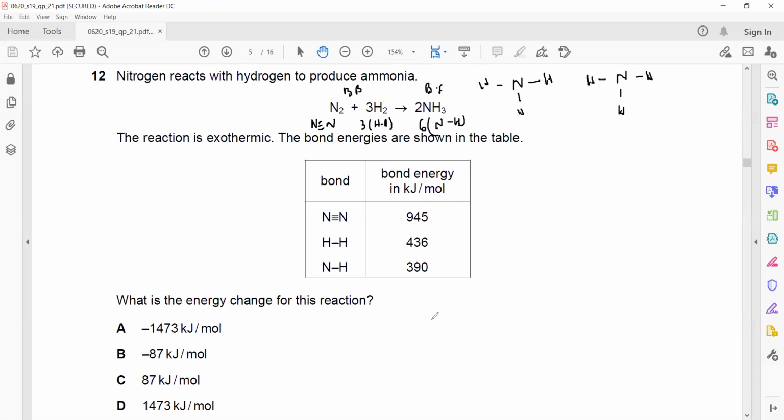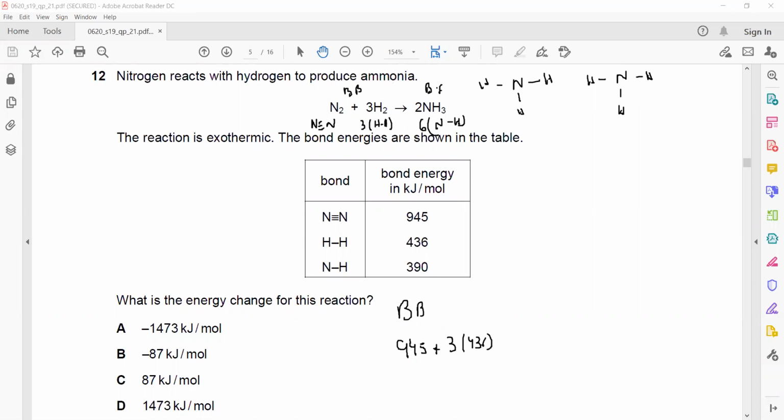Bond breaking minus bond forming is equal to the energy change. The bonds we are breaking are the nitrogen-nitrogen triple bond, that is 945, plus the hydrogen-hydrogen single bond multiplied by 3, so 3 multiplied by 436.